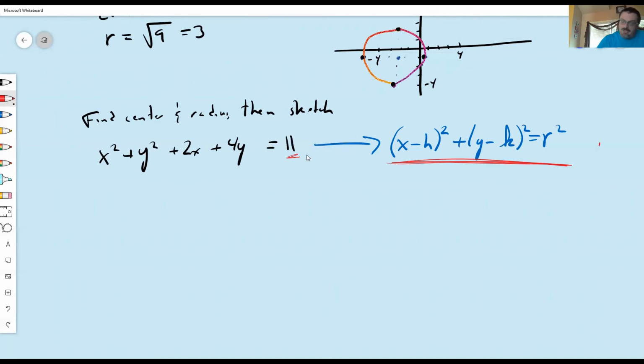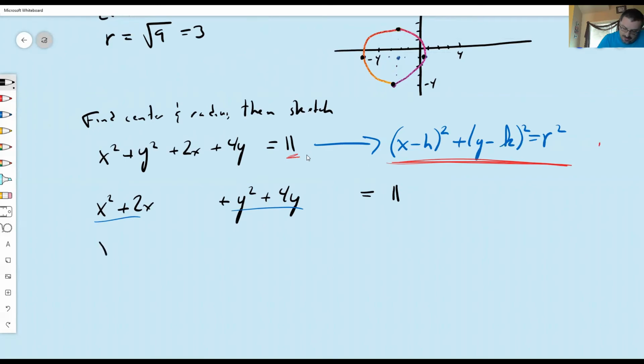I'm going to rearrange it a little bit so the x's are together and the y's are together. So x squared plus 2x, but leave a space here, plus y squared plus 4y, leave also a space here, equals 11.